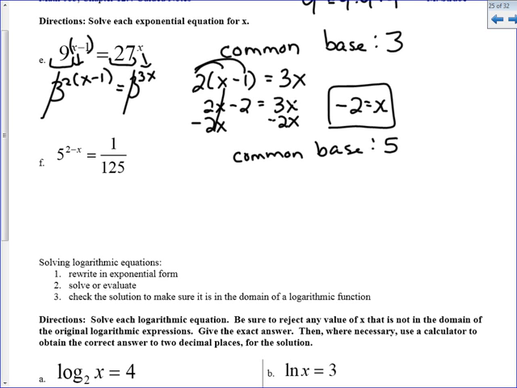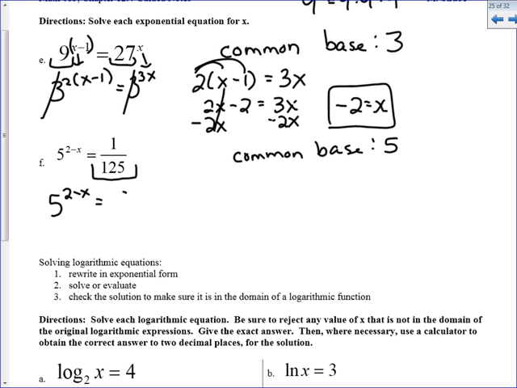Well, the left side already has a base of 5. So I wouldn't even worry about putting parentheses around its exponent because I'm not going to be doing anything else to that side. That side's staying the same. It's still 5 to the 2 minus x. Which side doesn't have that base of 5 is the right side, the 1 over 125.